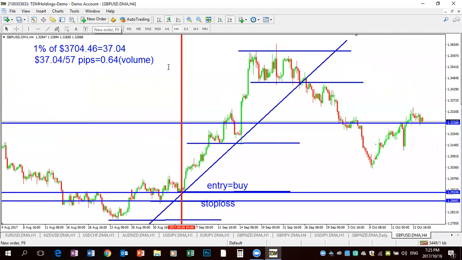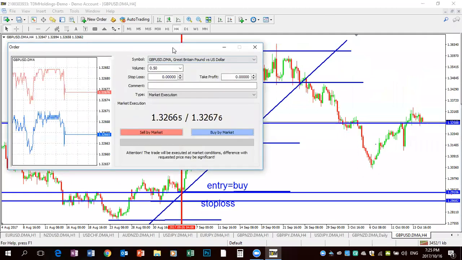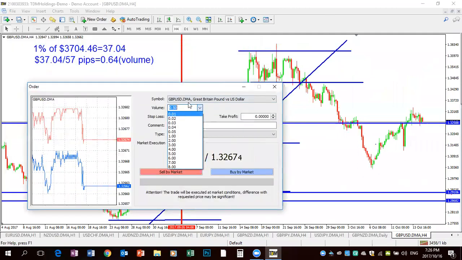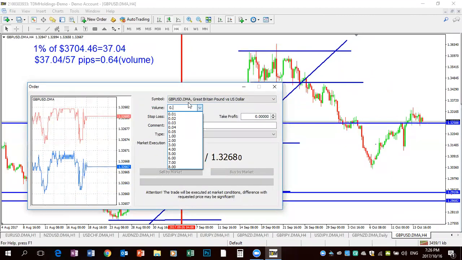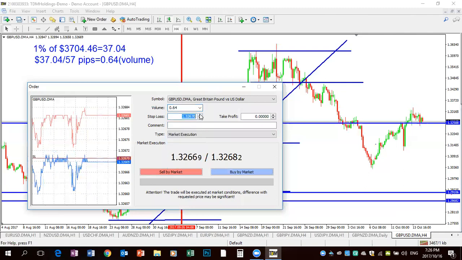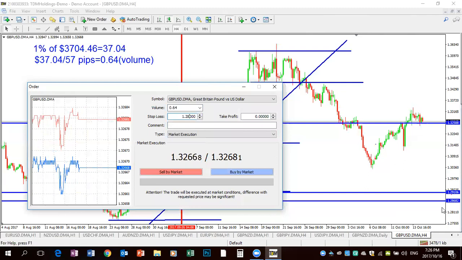I'll say new order. I have my volume. My volume is 0.64. Now I know my volume, and my stop loss, this was my stop loss. It's 1.28682.